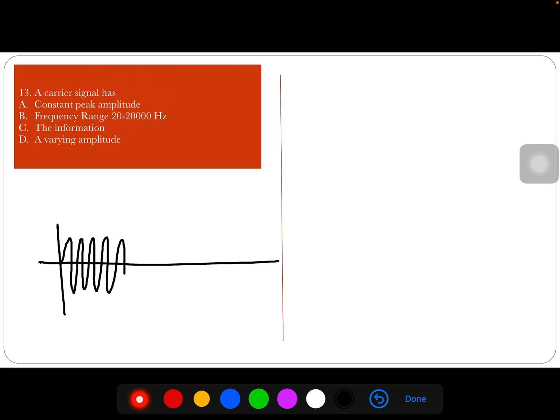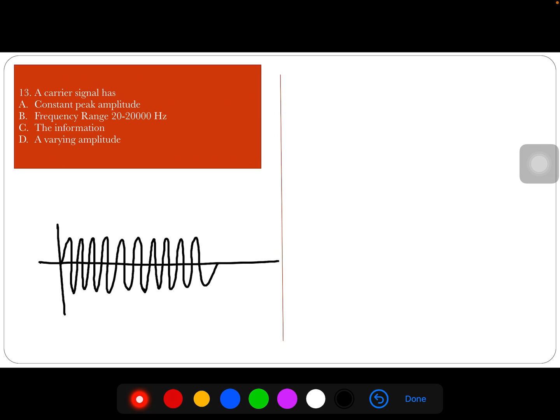So high frequency means the cycles will be close to each other, but the amplitude, as you can see in the diagram also, the peak amplitude will remain constant. So in the case of a carrier wave, the peak amplitude remains constant. The frequency range also remains constant. It has a fixed frequency which is high as compared to the message signal.